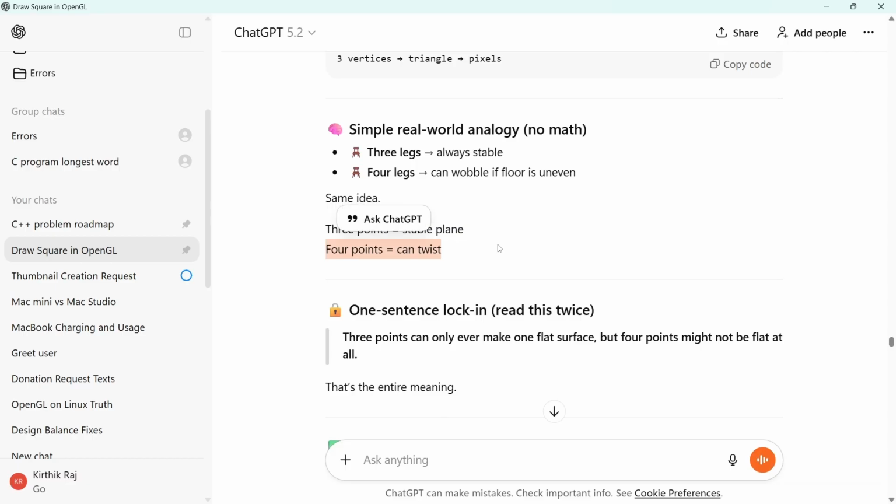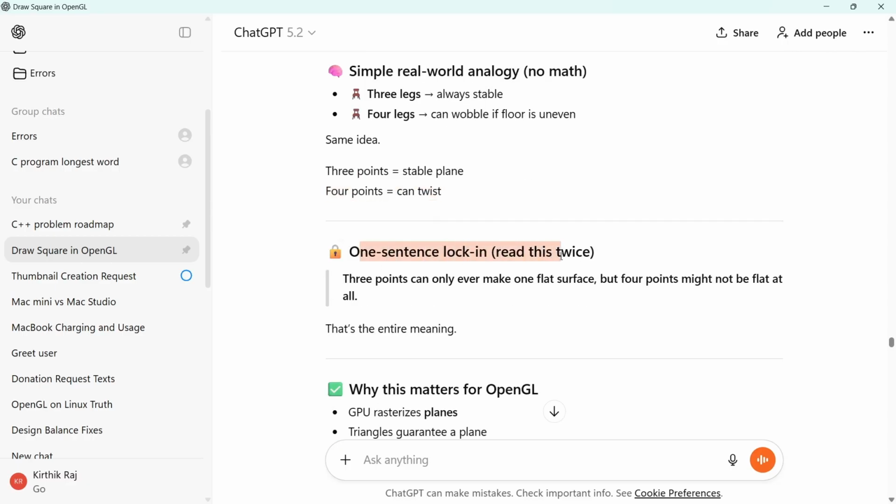Plane test. So the one sentence. Let me explain that.